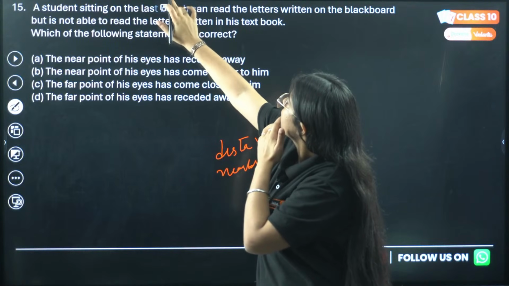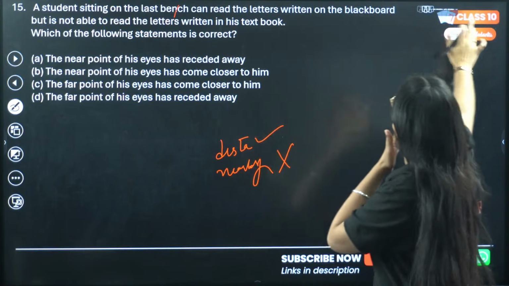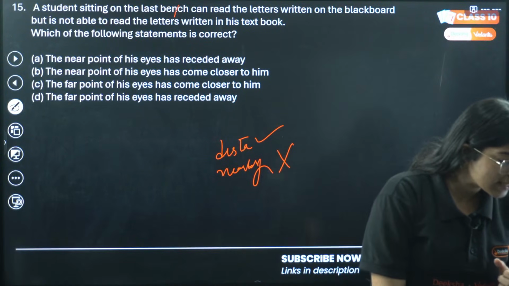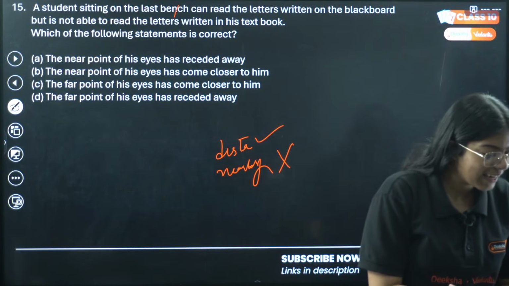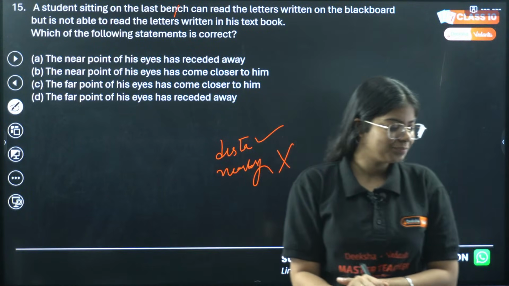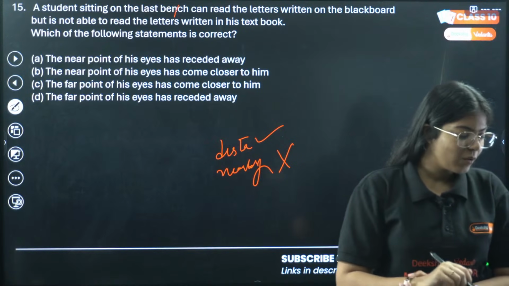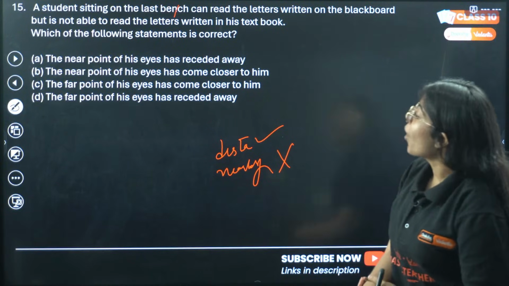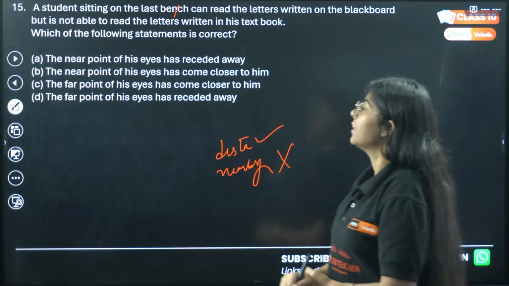Everyone is saying A. Near point of his eyes has receded away.